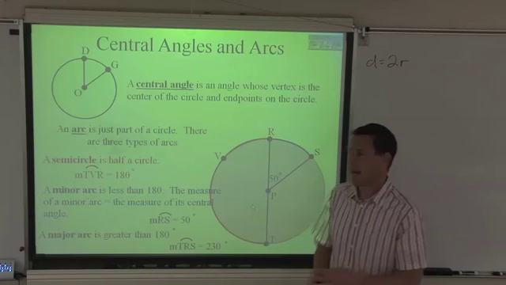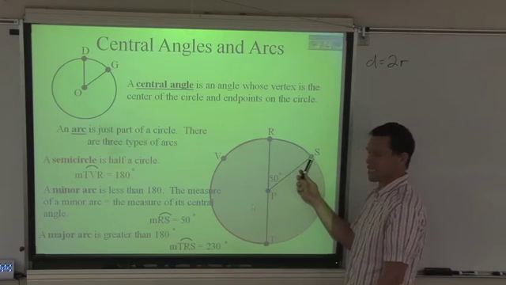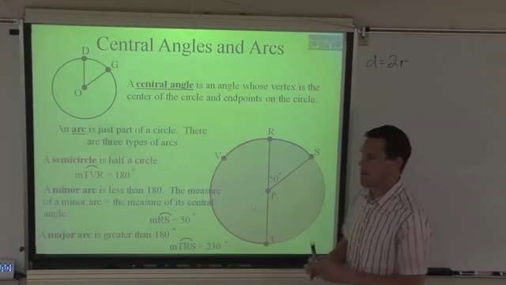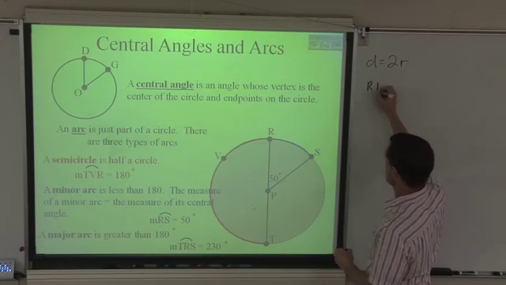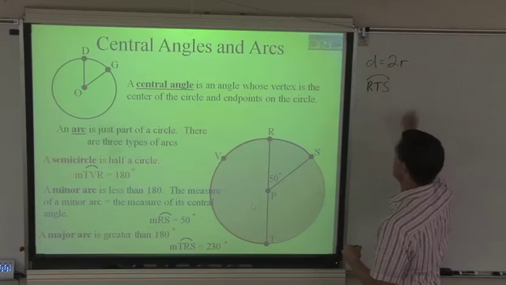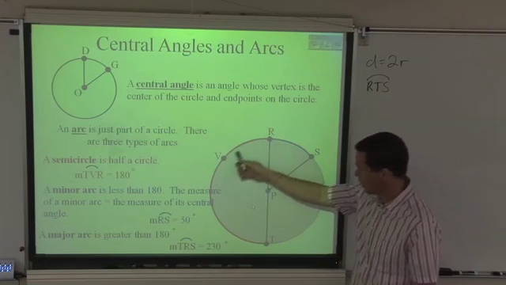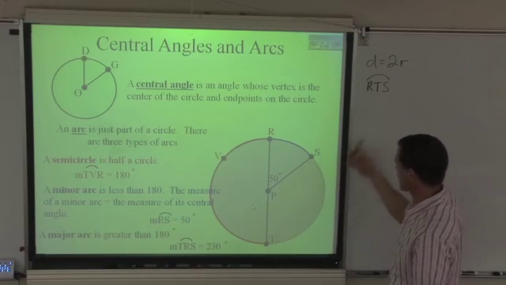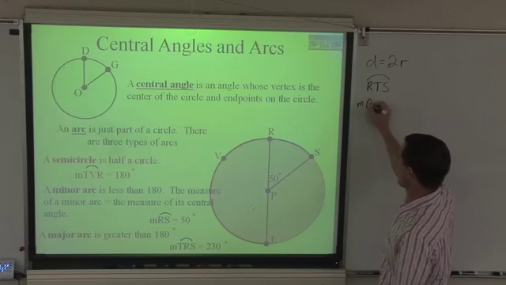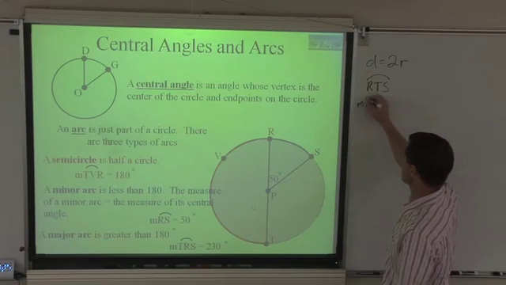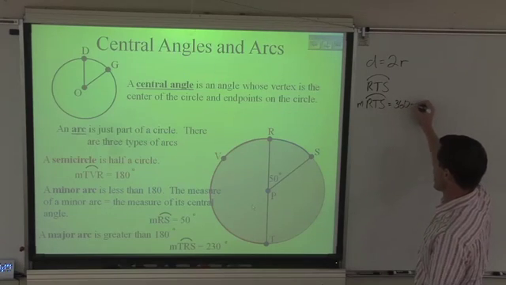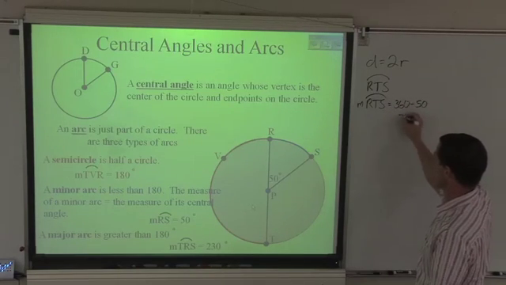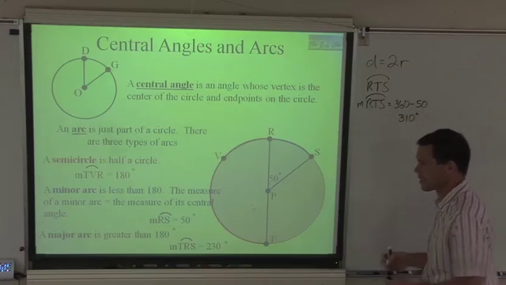Now, let's go back to that minor arc, RS. We could say major arc RTS. And that would be a major arc, R to T to S. Now the measure of arc RTS is going to equal 360 minus 50 degrees, so 310 degrees.